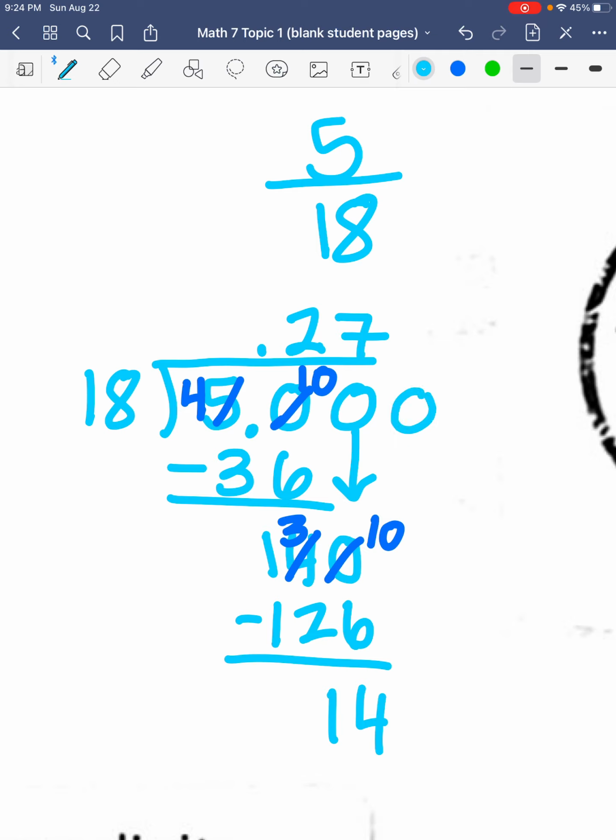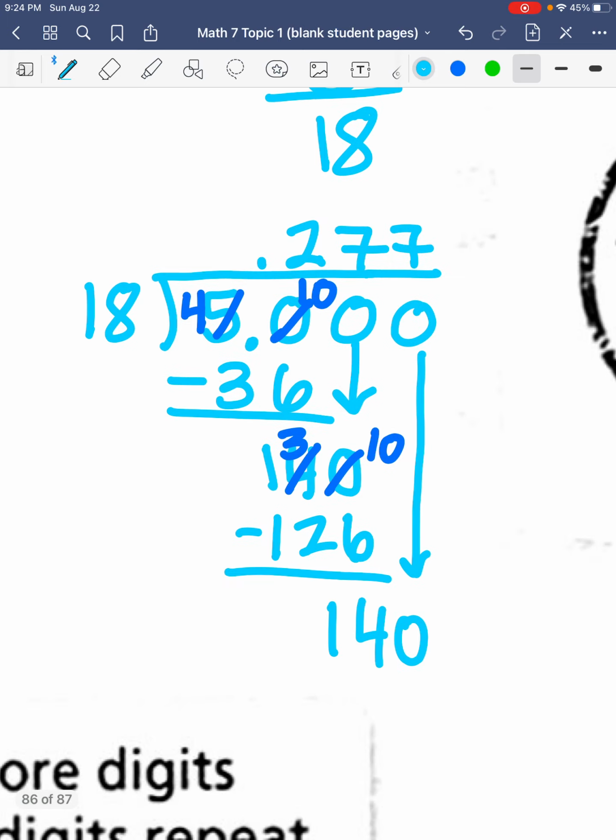So even when I add a 0 and bring that down, how many times does 18 go into 140? Well, 7 times. 7 times 18 is going to be 126. We just did that. When I subtract, I'm going to get 14 again. So what I know is that 7 is just going to continue to repeat.